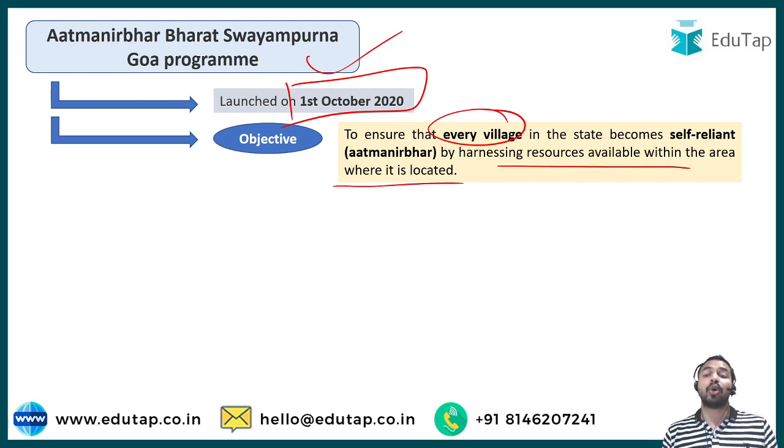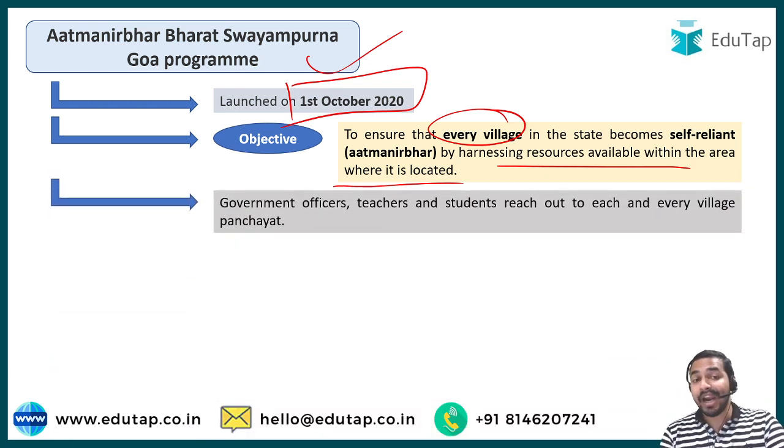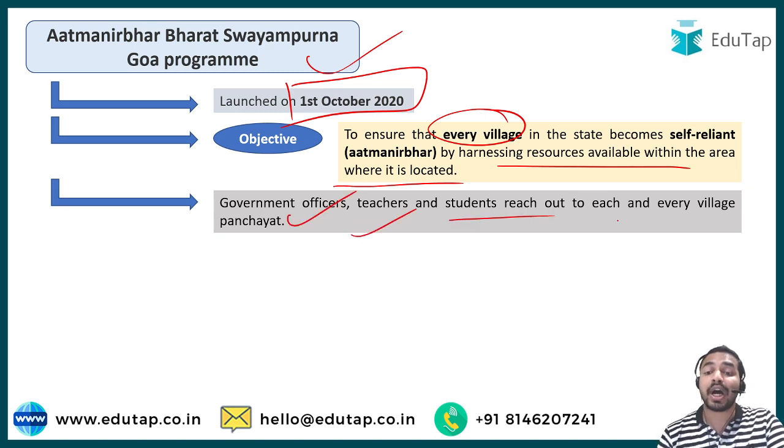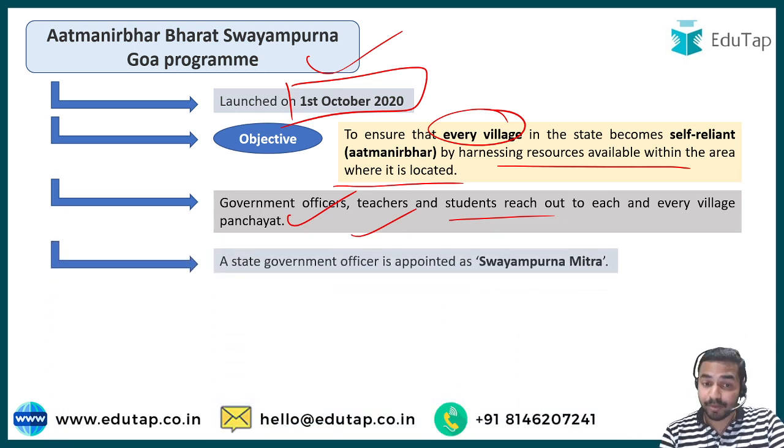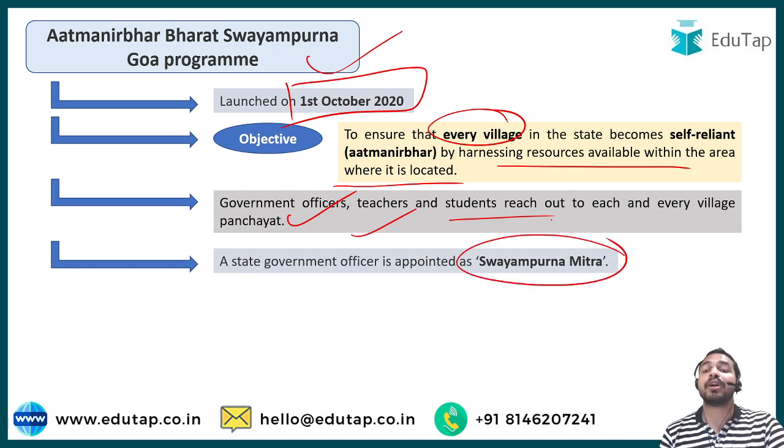That means using all the resources which are available in that particular area, becoming Atmanirbhar, and not depending on other resources which are not available in that area. So under this program, government teachers, officers, and students will reach out to each and every village panchayat, and the state government officers will be appointed as Swayam Purna Mitra.